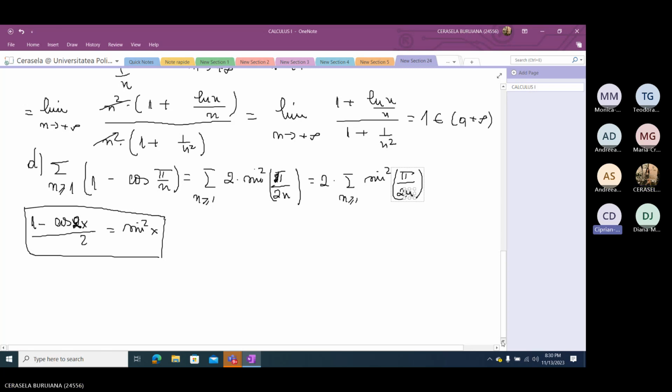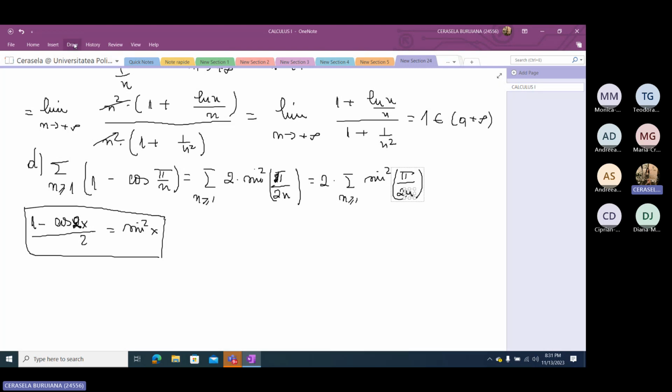I think you can compare it to pi squared over 2n squared. Exactly. Or I can say 1 over n squared directly, because pi is a constant, and a constant doesn't change the nature of a series, as I said at seminars several times. But it's okay what you said.